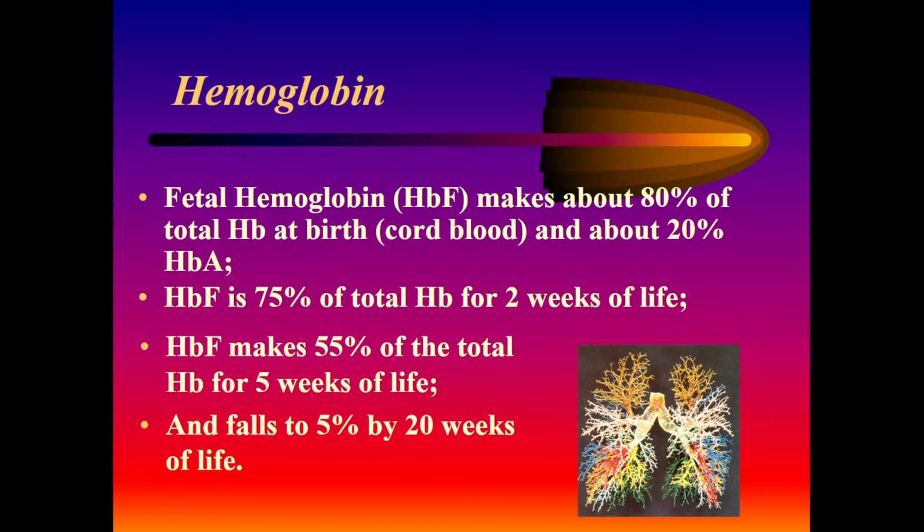It makes up 55% of total hemoglobin at 5 weeks of life and falls to 5% by 20 weeks of life. It decreases and changes from fetal hemoglobin to normal hemoglobin A.